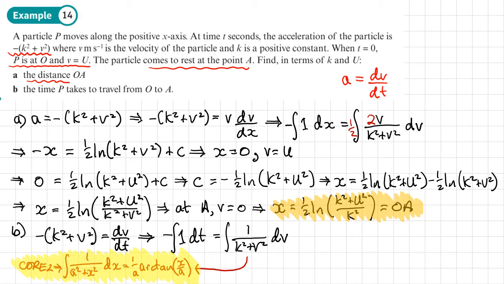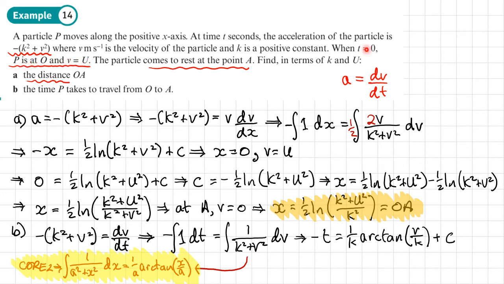So on the left hand side we're just going to get negative t is equal to 1 over k arctan, so this is just using the result, and we're using v as our variable, v over k is like our a, plus our constant of integration. Now we want to find our constant of integration, so we need a value of t and v that we can put together, and that's going to be here.